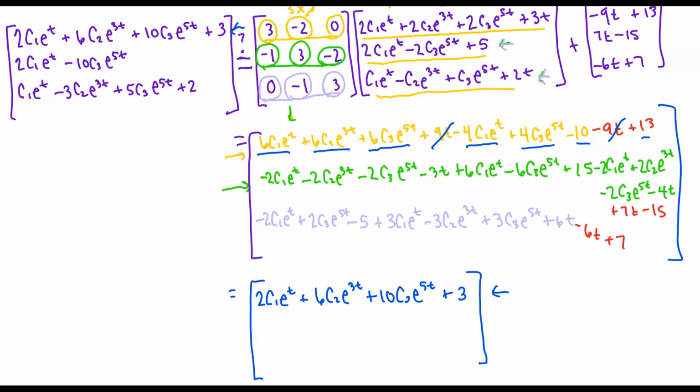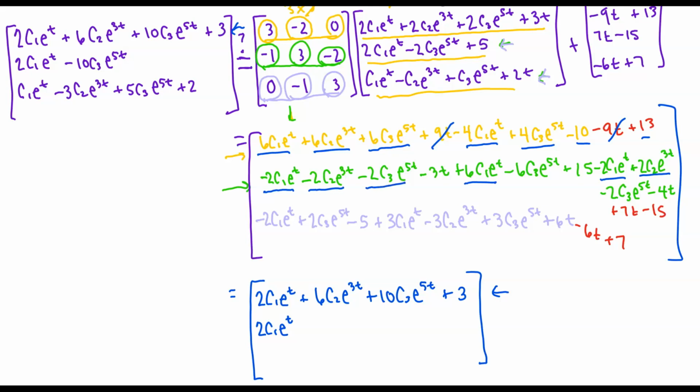I'm going to add coefficients of e to the t first. We have negative 2c1 plus 6c1, so we're up to 4c1. 4c1 minus 2c1 gives us 2c1 e to the t. Next, we'll combine coefficients of e to the 3t. Negative 2c2 plus 2c2, so that cancels out. And then we'll combine coefficients of e to the 5t.